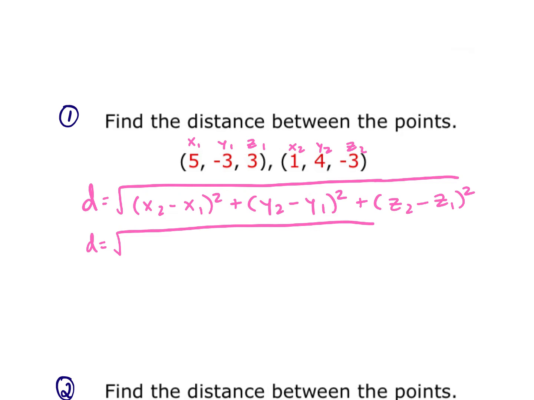So this would be 1 minus 5 squared plus 4 minus negative 3 squared plus negative 3 minus 3 squared.